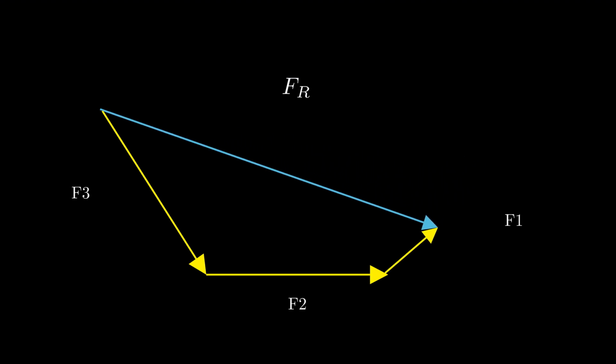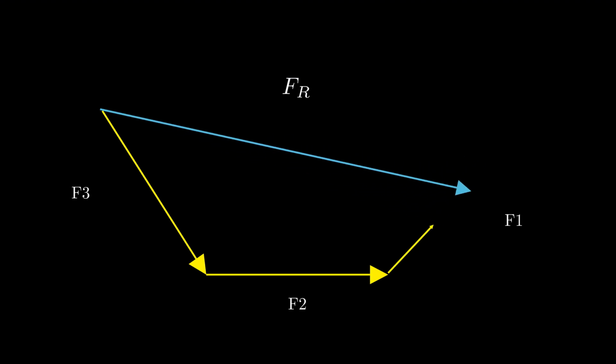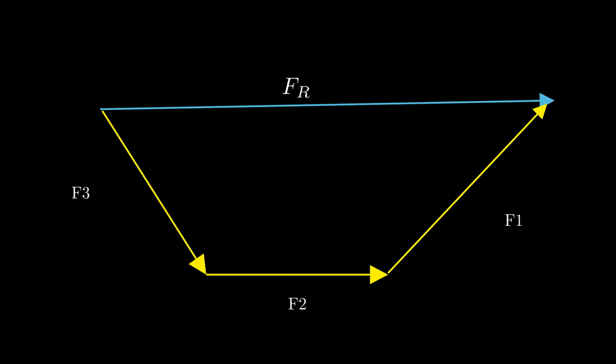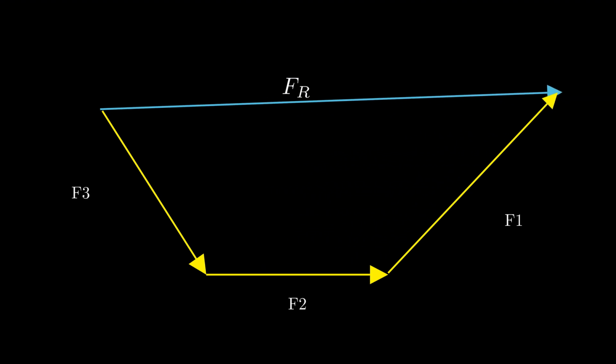As you can see, by changing the magnitude of the F1 vector, our resultant vector also changes. So we have to find that magnitude of F1 for which the resultant vector is minimum.